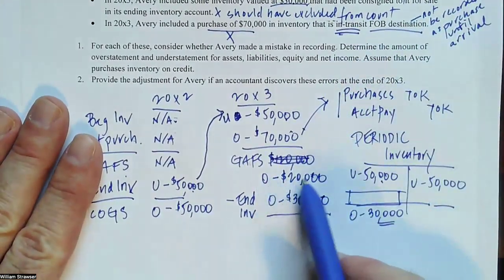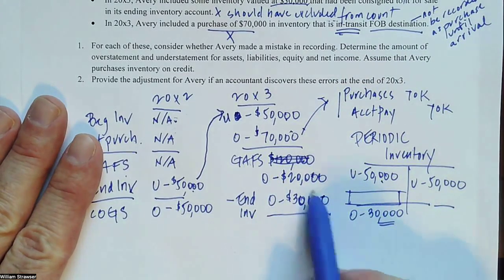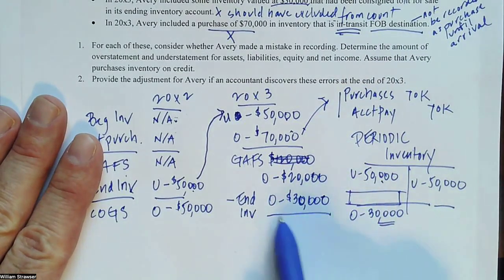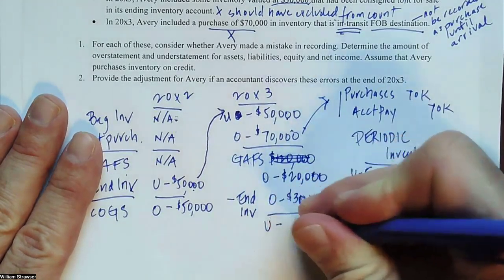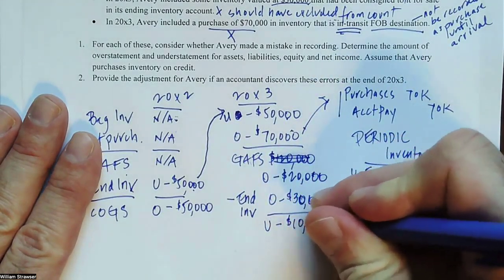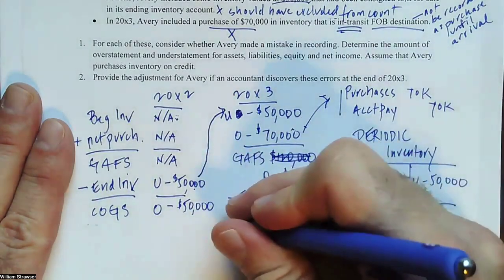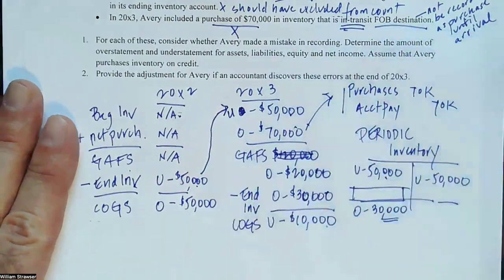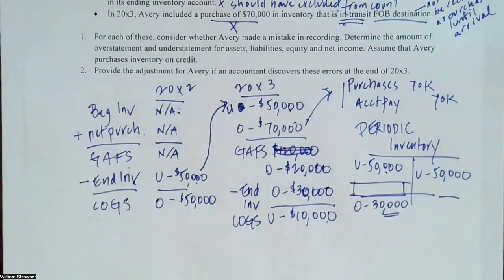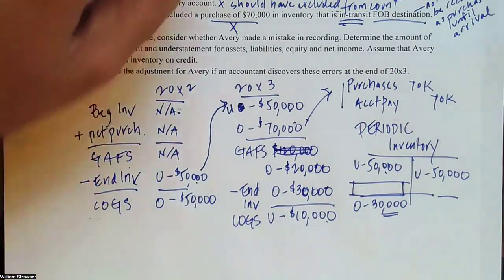If something is overstated by 20,000 and then we subtract something that is overstated by 30,000, we're going to end up with an overall understatement of $10,000 to my cost of goods sold account. Okay. So those are the effects for those 2 years.